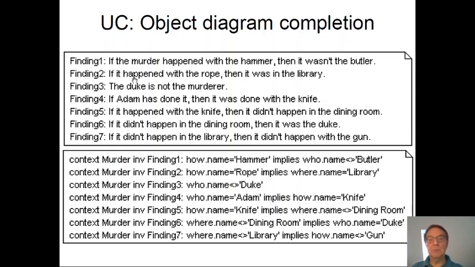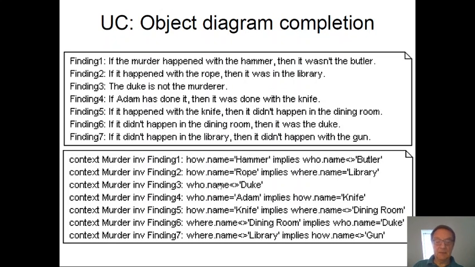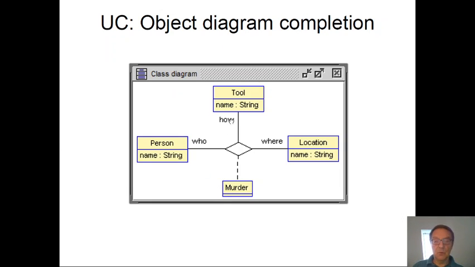So, for example, the second finding, if the murder happened with a rope, then it was in the library, is represented here in terms of the invariant finding 2. This invariant is formulated in the context of a murder. The murder is an association class, and the association class has roles how, who, and where.